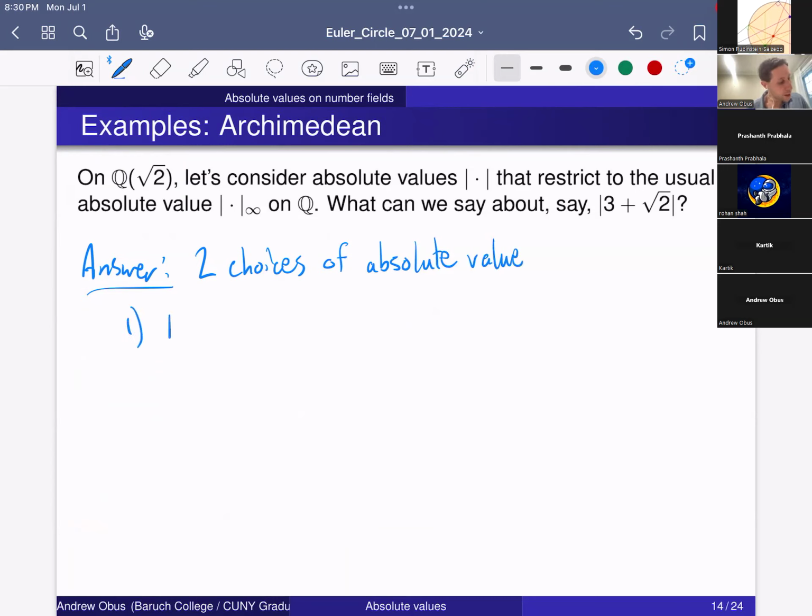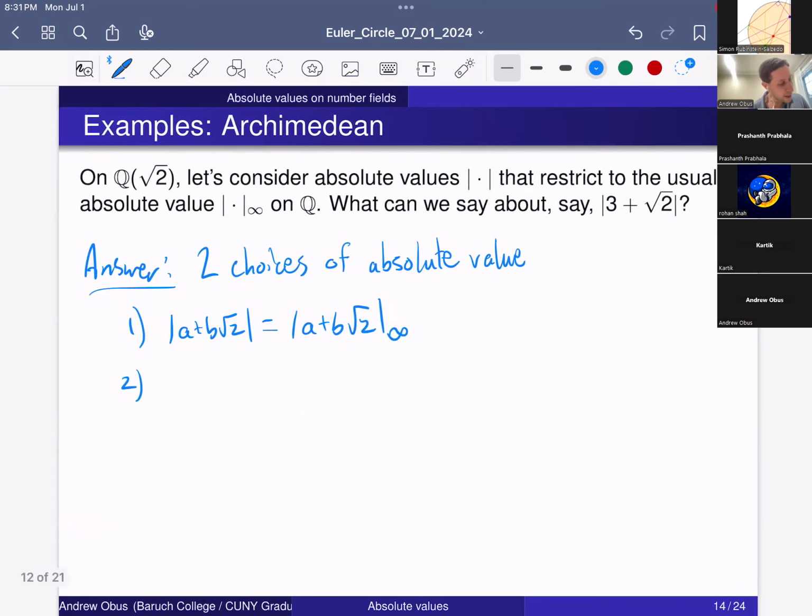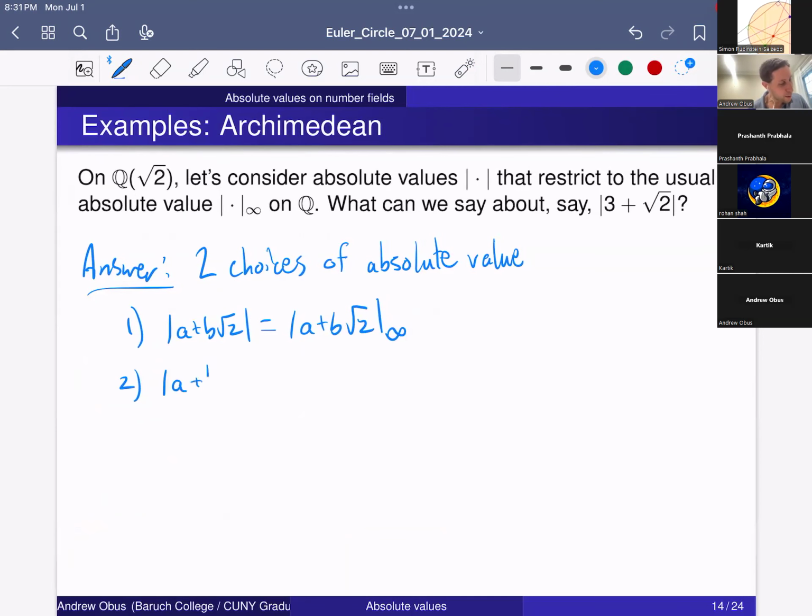One choice is, if I take the absolute value of a plus b root 2, where I'm going to assume a and b are rational numbers, that this is equal to just the standard absolute value of a plus b root 2. And the second choice turns out to actually work: the absolute value of a plus b root 2 is equal to the standard absolute value of a minus b root 2.